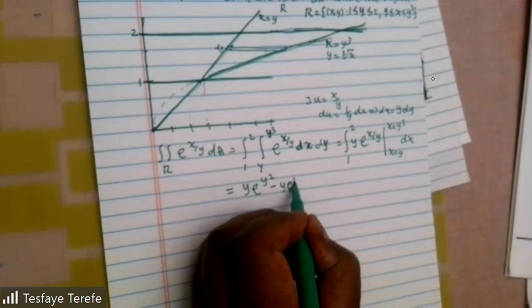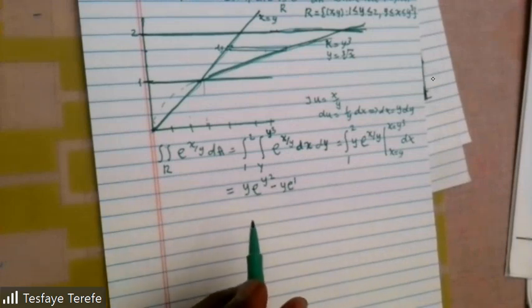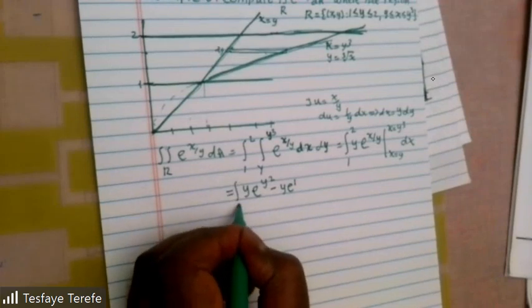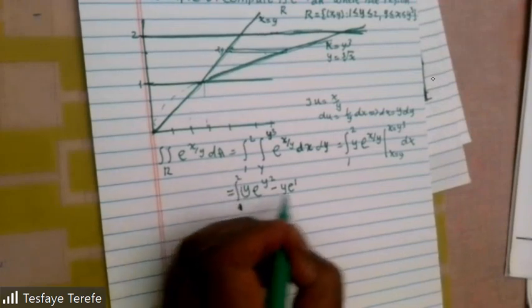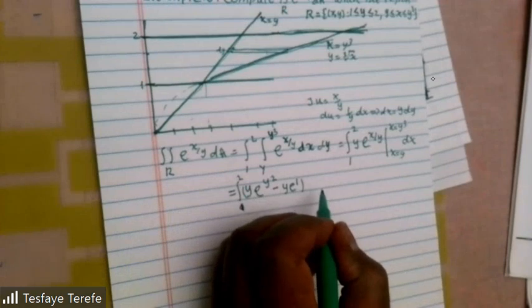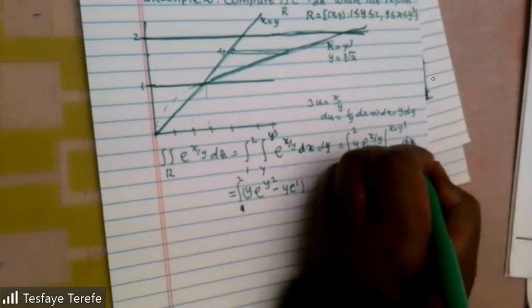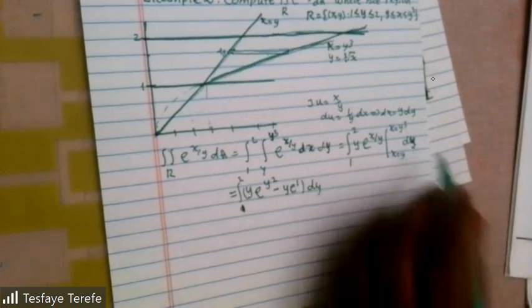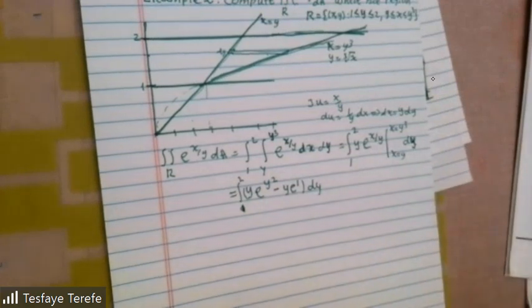I could write e to the power of 1 just to show you. And this is the integral from 1 up to 2, integrated with respect to y. I already integrated with respect to x.